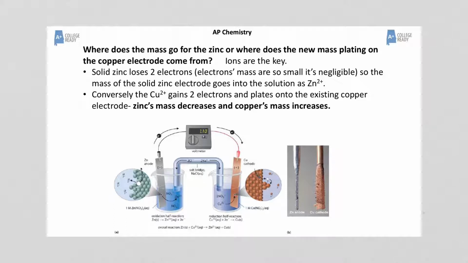Electrons do have mass, but it's just so small compared to the mass of protons and neutrons. So the mass of an atom comes from protons and neutrons. So if only 2 electrons are lost, the mass of the atom is remaining with the ion. So again, the ions are maintaining that mass. So the solid zinc loses 2 electrons, and the mass of the solid zinc electrode is really going into the solution as that ion.